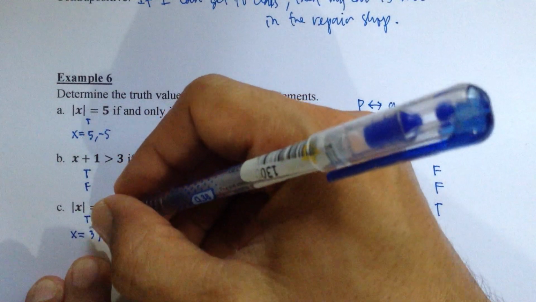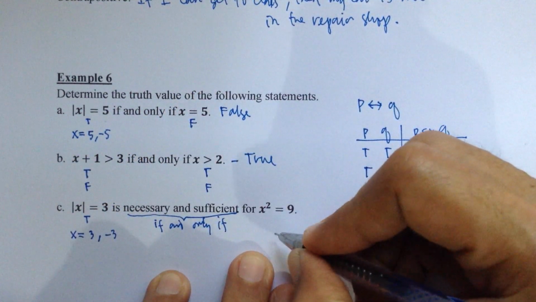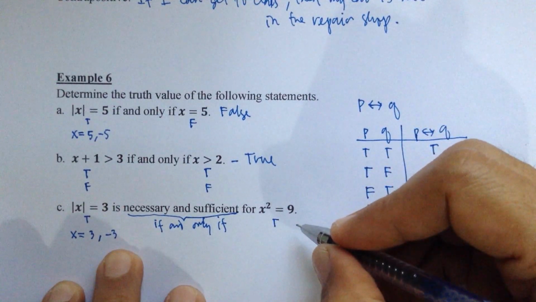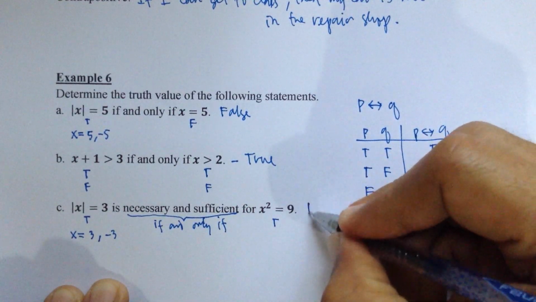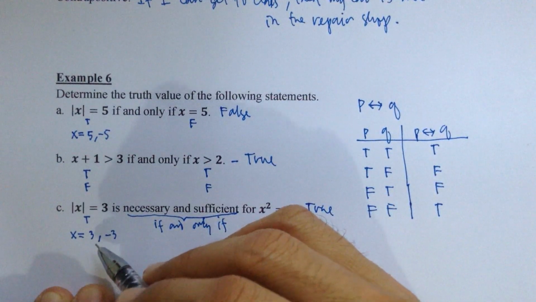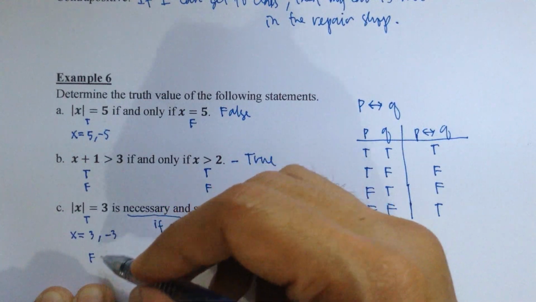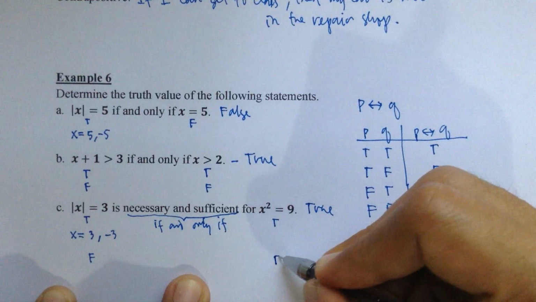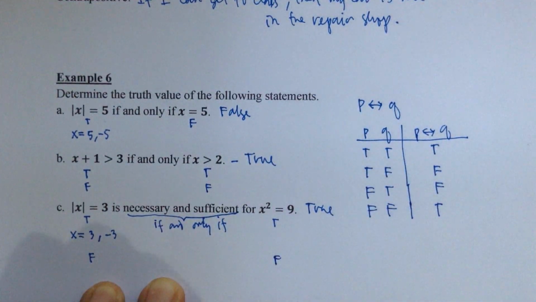If x is 3 or negative 3, is this true? Yes, because when you square 3, you have 9, and when you square negative 3, you also have 9. So can we say that this is true? Yes, because if you assume that this is false, meaning x is not equal to 3 or negative 3, you can check that this is also false. Therefore, this statement is true.